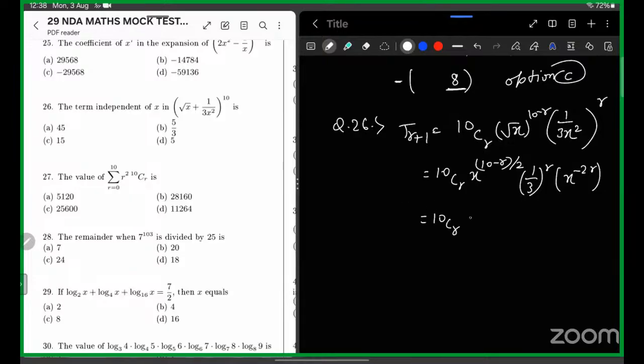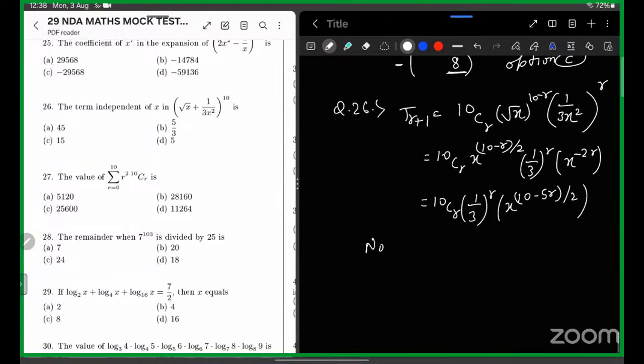Again, if you want to simplify it, I can write it this way: (1/3)^r, then x to the power (10 - 5r)/2.